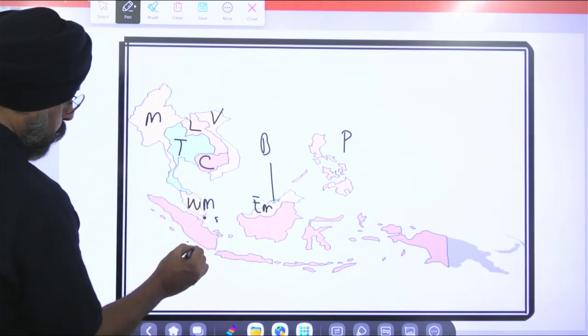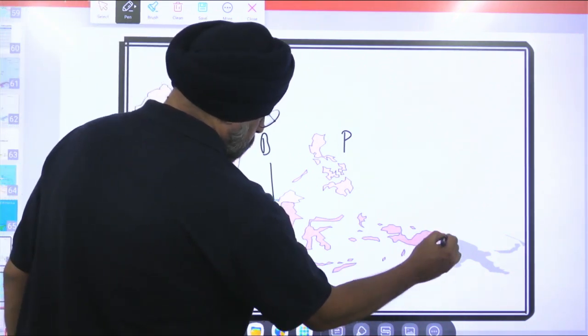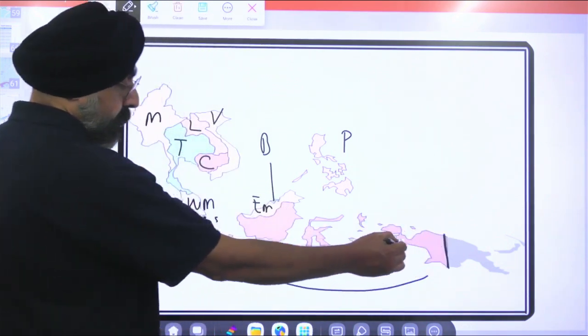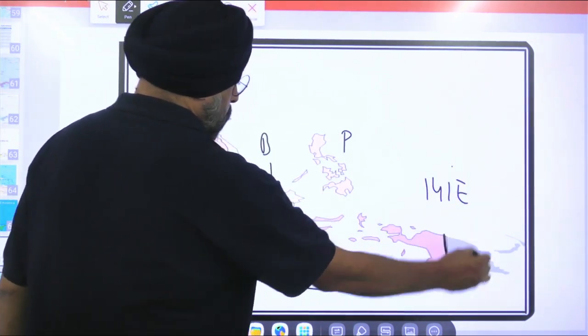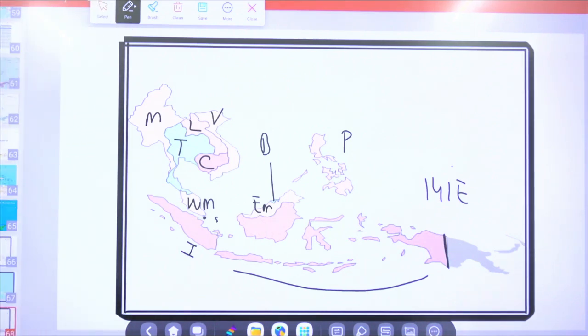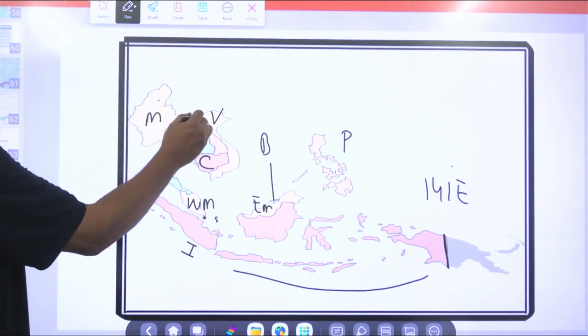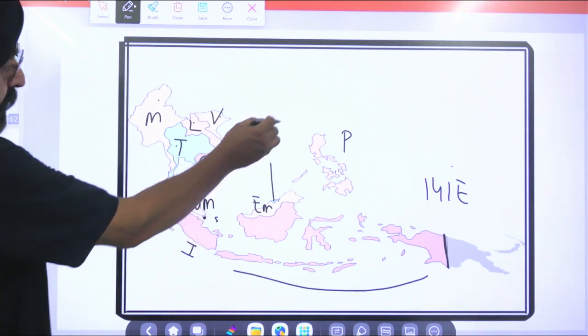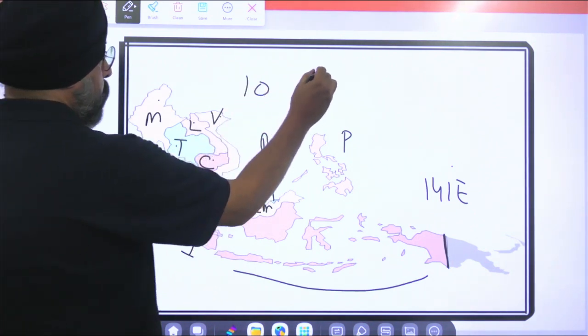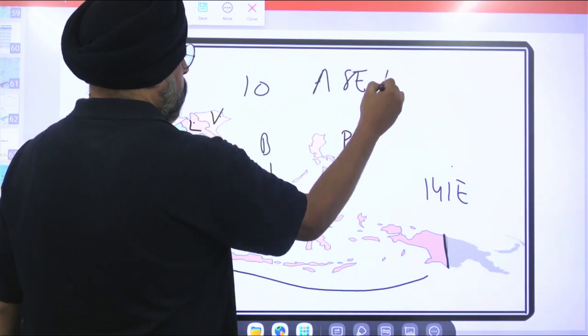And this is Indonesia. This is all Indonesia, up to this line. Can you identify? This is the 141 degree east line of longitude. This is 1, 2, 3, 4, 5, 6, 7, 8, 9, and 10: 10 countries that make ASEAN.